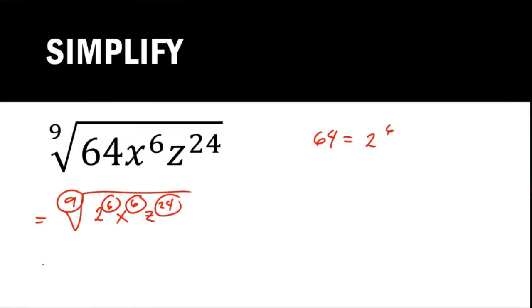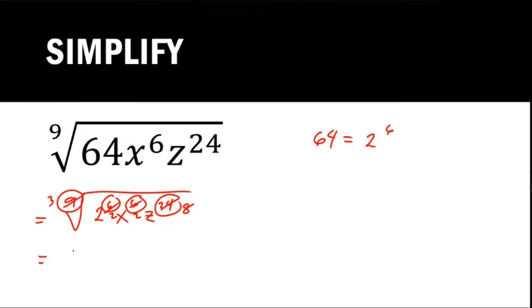So now the common factor here will be equal to 3. So 24 divided by 3 is equal to 8. 6 divided by 3 is 2. 6 divided by 3 is 2 as well. And 9 divided by 3 is 3.